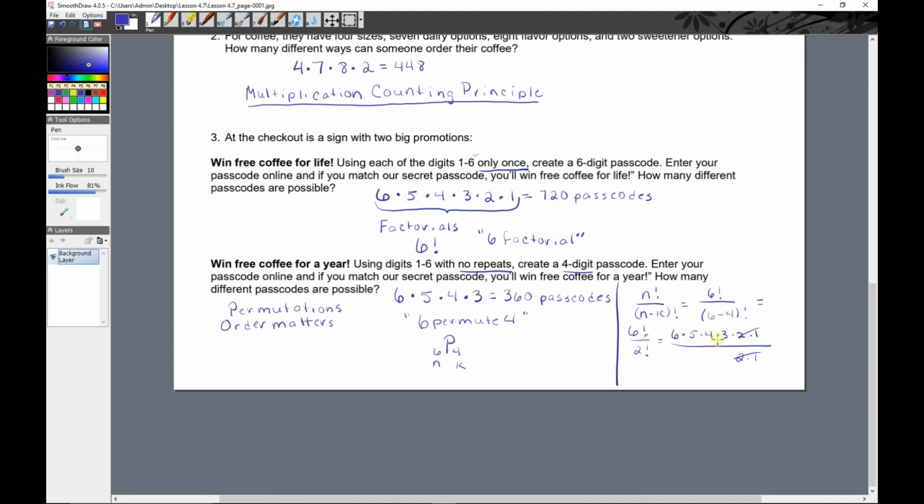And 6, 5, 4, 3 is what we have up here. So that's the formula. I try to avoid the formulas and just write out how the factorial works, and I work it that way. But it's good to see this formula and see it in action. You never know when you might use it.